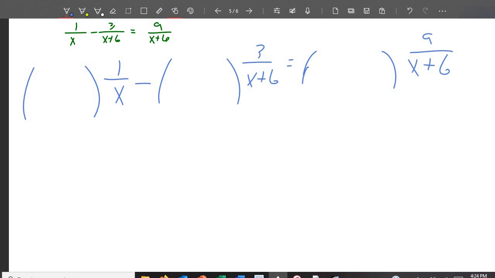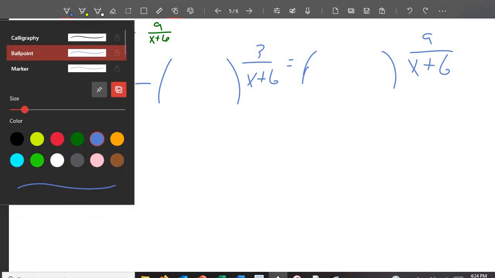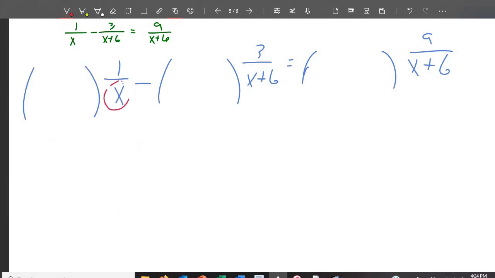Notice, this is an X. Since that's an X, that means one of my restrictions is X not equal to 0 because it's a monomial. Here, it's X plus 6, so my other restriction is negative 6.